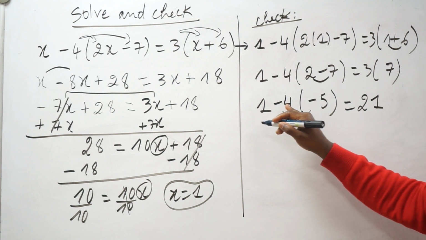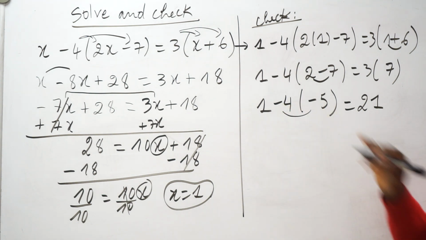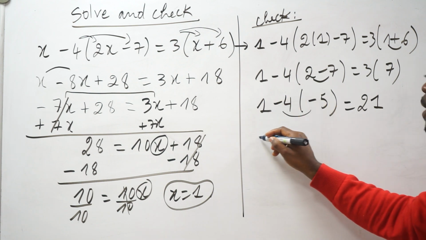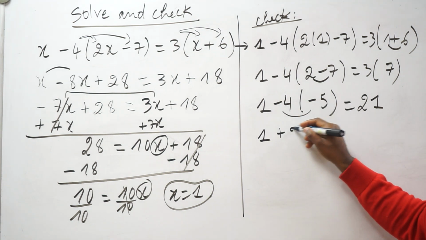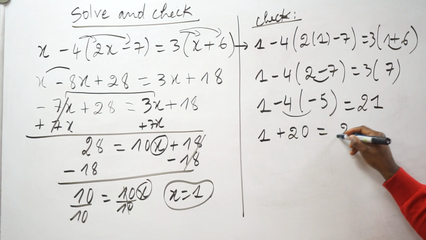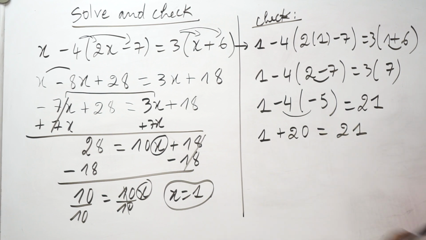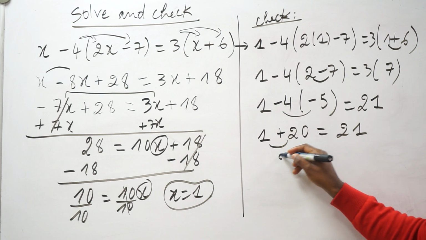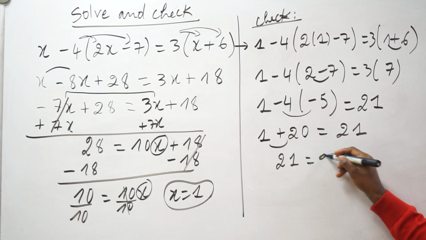Okay? So this one is negative 4 times negative 5. Negative times negative is positive, and 4 times 5, we all know, is 20. So you bring down the 1, and this one is positive 20, and this one is 21. 1 plus 20 is 21. 21 equals 21.